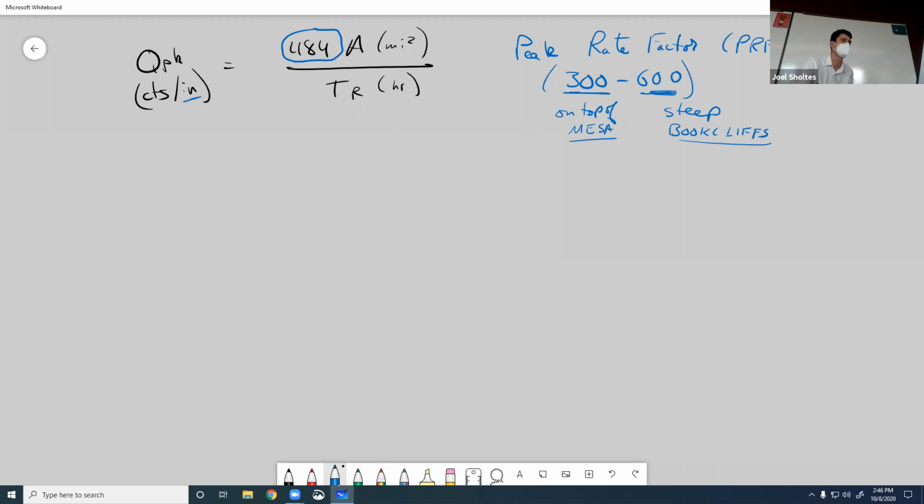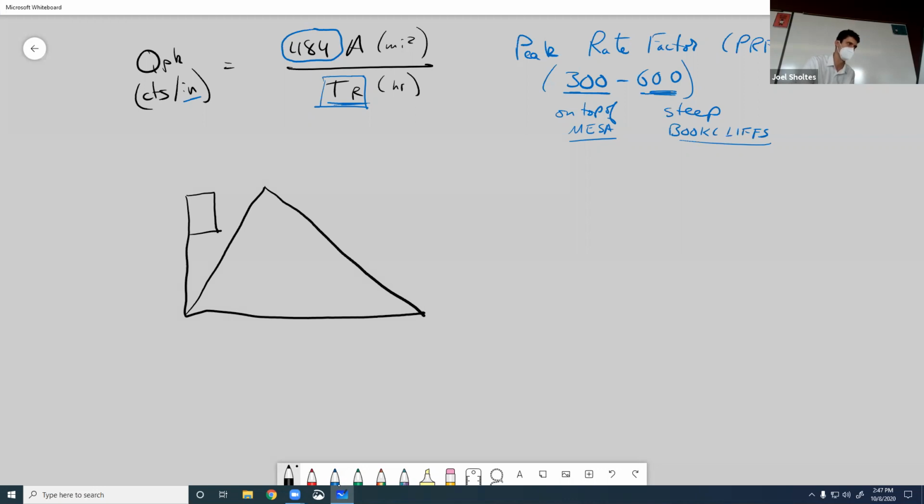So now we can calculate peak, but we still need to figure out what this TR is. We don't actually know how to estimate this TR. So let's look at what that TR actually is a little more closely. Now I'm going to bring in my unit discharge, or my runoff, my precipitation. And this precipitation is going to have a duration D. And we defined this last time for time of concentration.